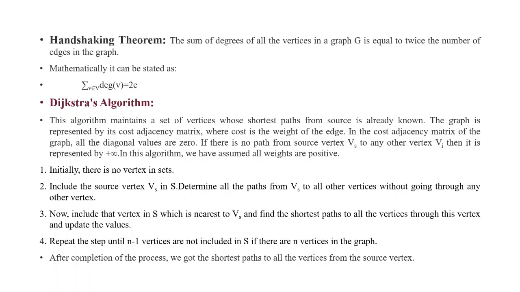Third, include the vertex which is nearest to the source vertex in S, find the shortest path to all vertices through this vertex, and update the values. Fourth, repeat the step until n-1 vertices are included in S, if there are n vertices in the graph. After the completion of the process, we get the shortest path to all the vertices from the source vertex.